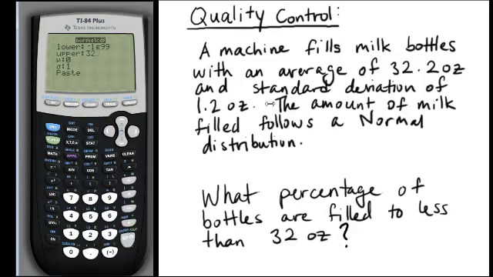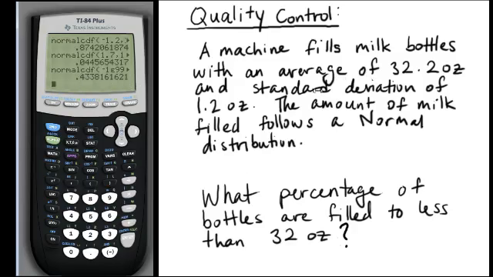The mean of this distribution is 32 and the standard deviation is 1.2. So the percentage of bottles that are filled with less than 32 ounces is around 43%.